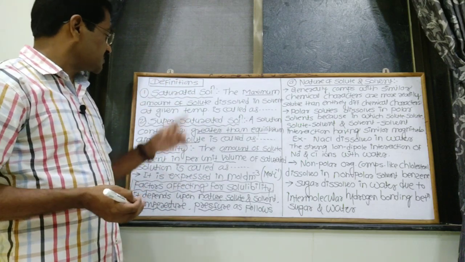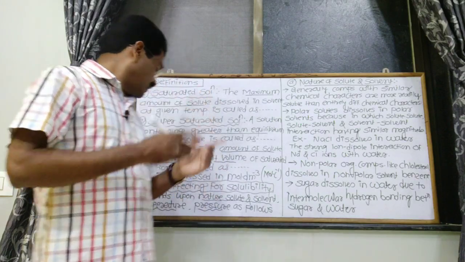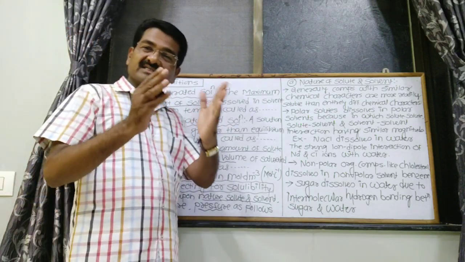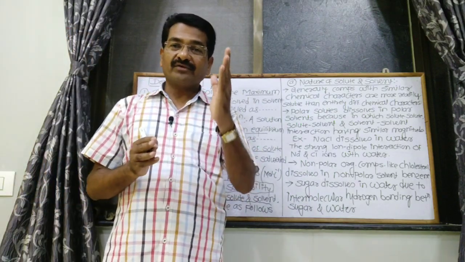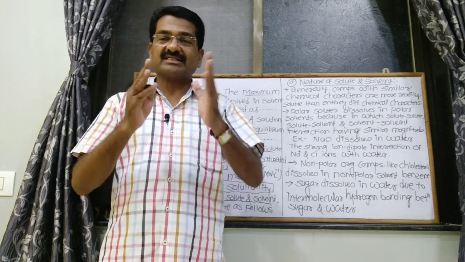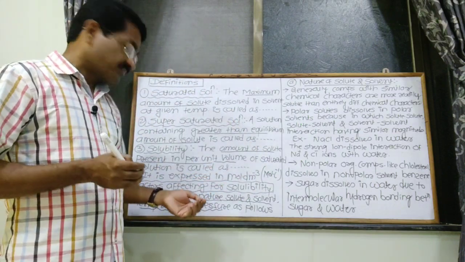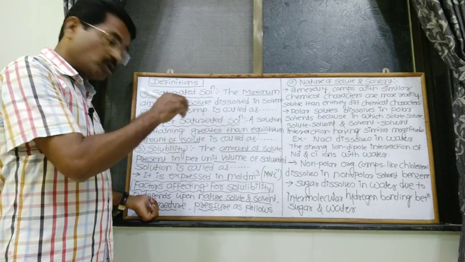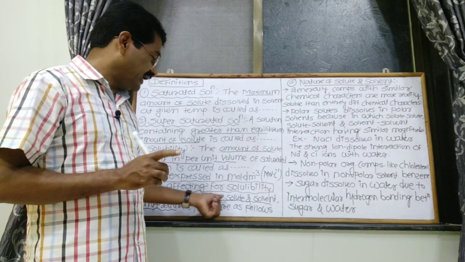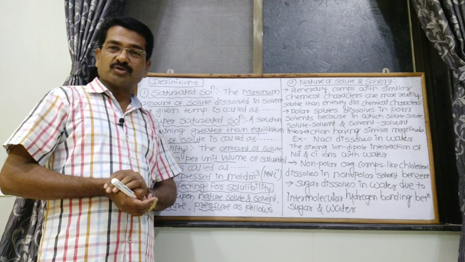Then after seeing these terms, saturated, supersaturated and solubility, see the factors affecting solubility. Which factors affect the solubility of solute in solvent for given solutions? Generally, the solubility depends upon the nature of solute and solvents.